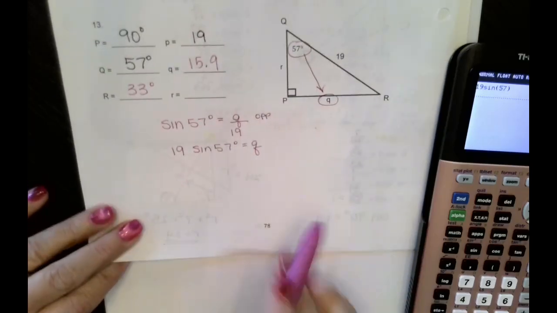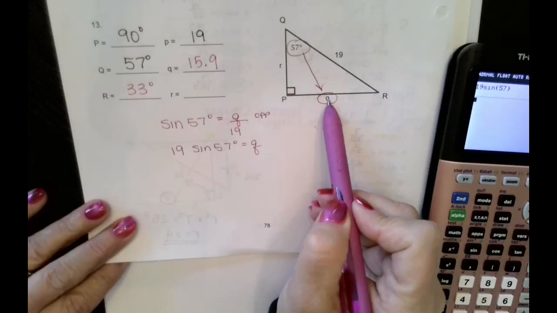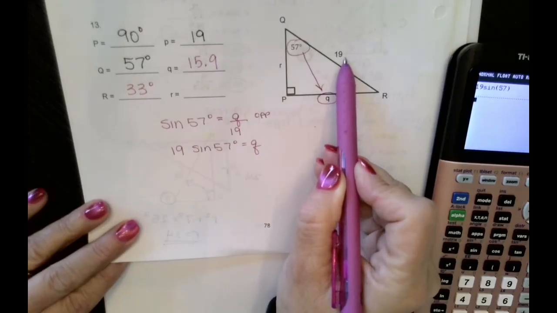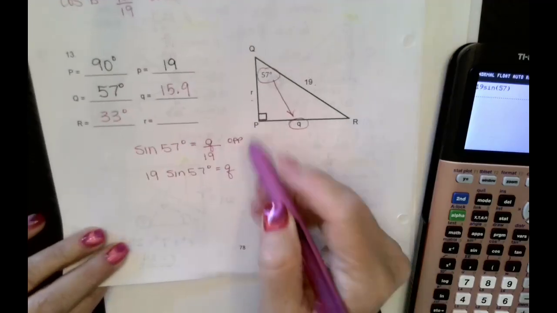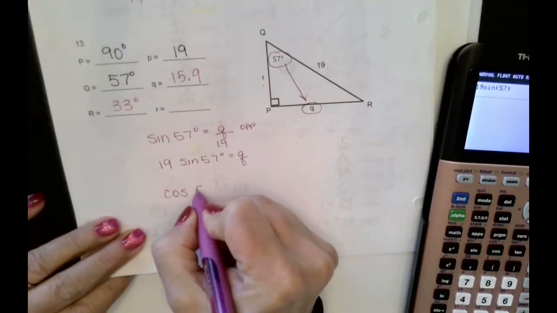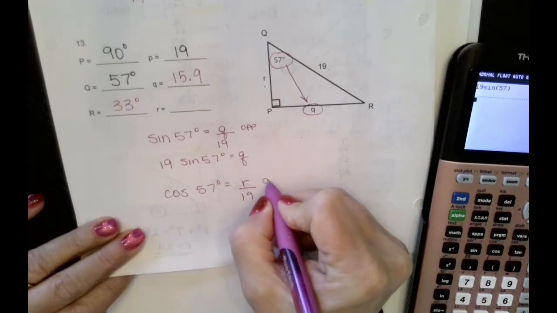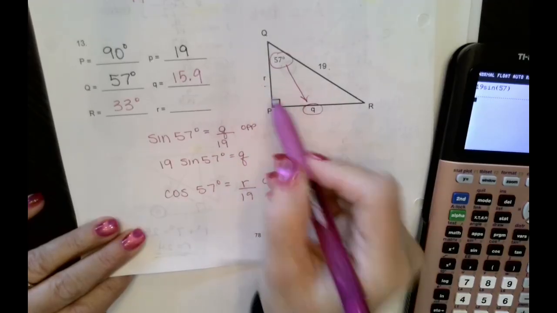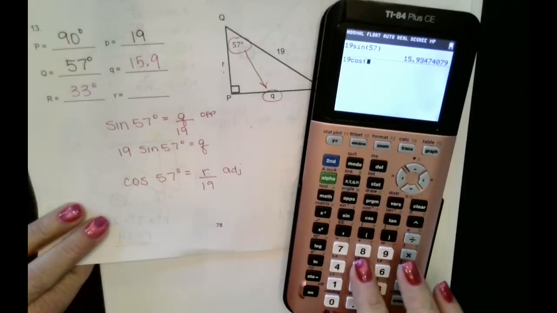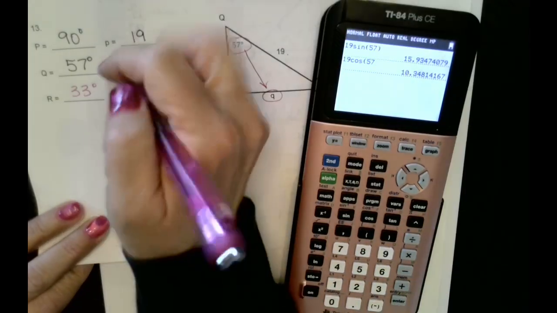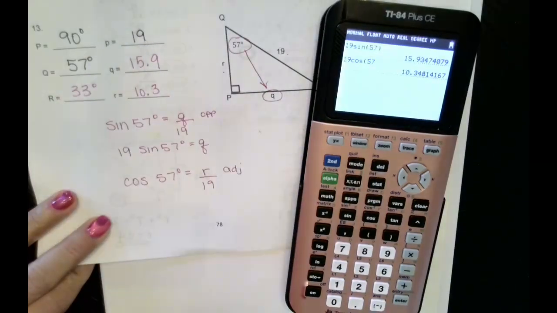Okay, now I can go in and I can do Pythagorean theorem, and I can say r squared plus q squared equals p squared, or I can just do the same thing that I did but use cosine. So if I say cosine of 57 degrees, this is going to be r over 19. R is my adjacent side. So if I do the math on this, I would have 19 cosine 57 degrees, and this gives me 10.3.